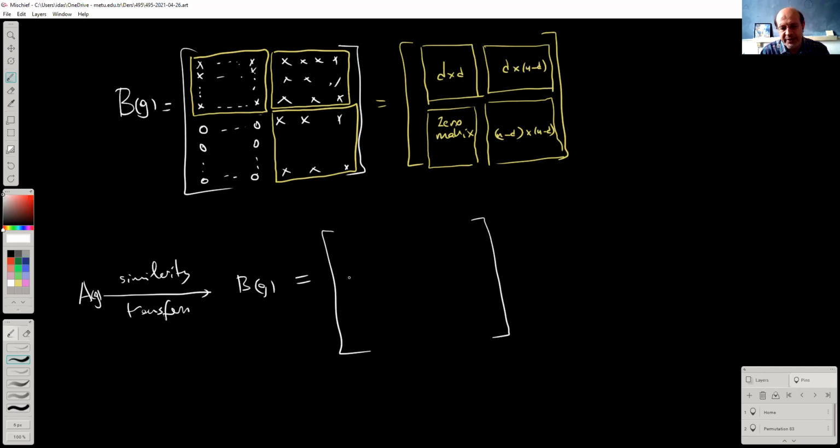So I'm going to use this notation. Let's say I'm going to give a name to this. I'm going to call this f of g. This is, I don't know, h of g. This is L of g, for example. I'm going to use a big 0 in here, right?